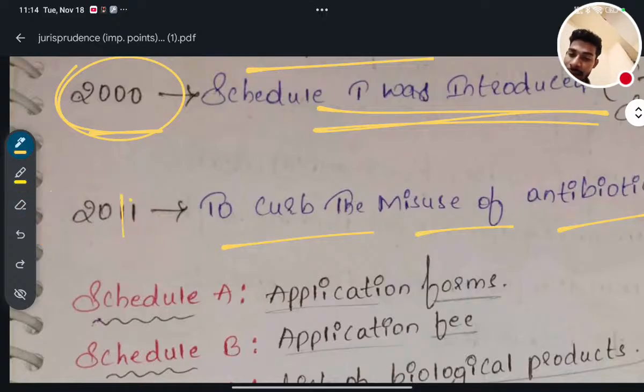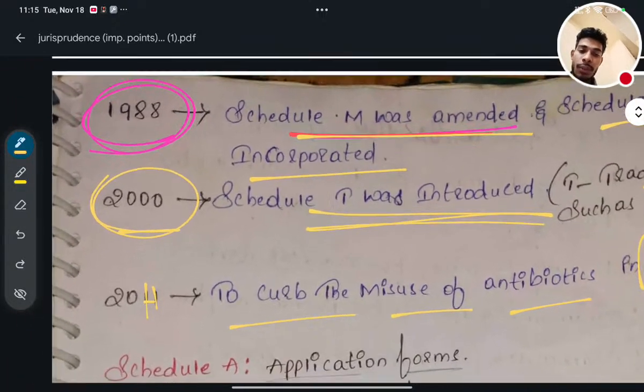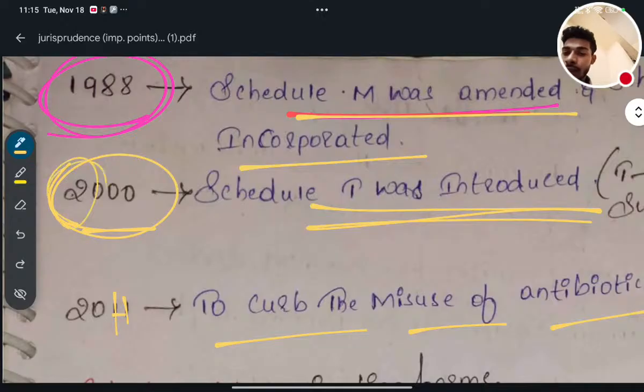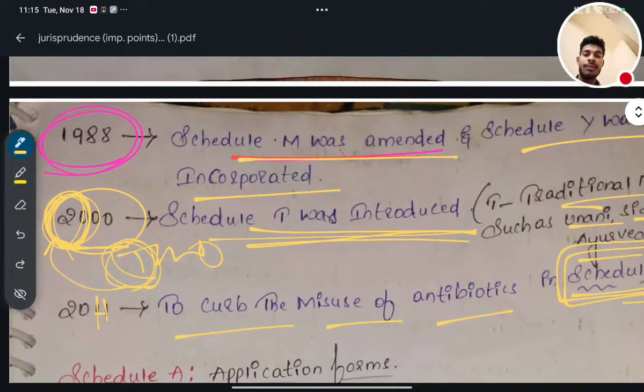See, this is the H. And in 2000, the 2 starts with T. So this T is for traditional drugs, and that T comes at the starting of 2, and T was introduced in 2000. Will you remember like that? Okay.